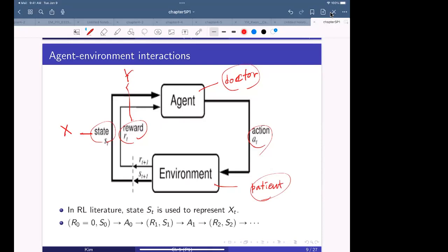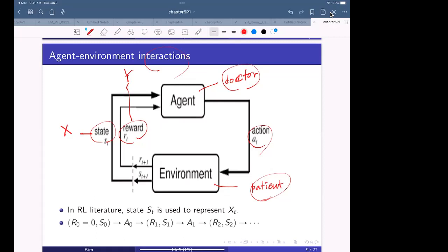So you have a baseline X, and from the baseline X you go through the action, right? Then using the action you update, the environment gives you another result, and then you use that to update A. So this is a kind of interaction.